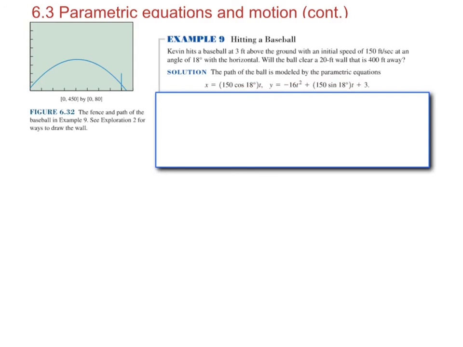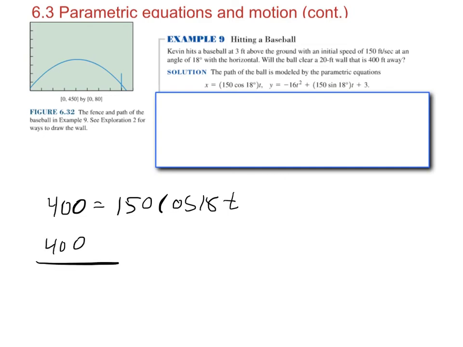So we want to know when x is going to equal 400, and so we should be able to do a little bit of math here and say 400 equals 150 cosine 18t, and therefore 400 divided by 150 cosine 18 should equal t.